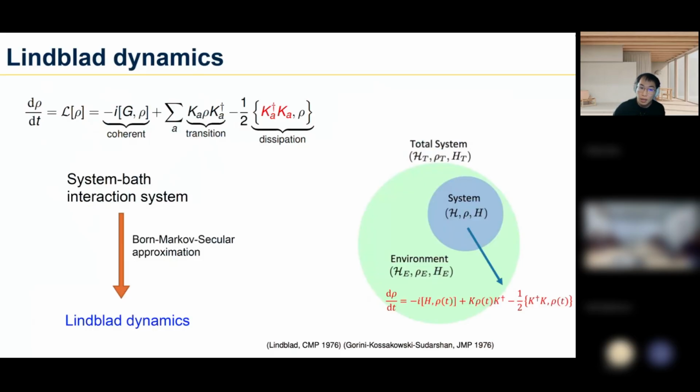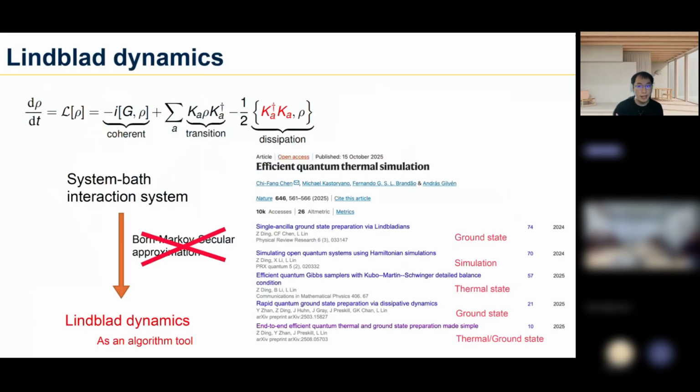However, in the algorithm design, we don't care about this. Now, the story is when we want to prepare a thermal state or ground state, we essentially view Lindblad dynamics as an algorithmic tool. So we basically construct the Lindblad dynamics as an algorithm to prepare the thermal state and the ground state.